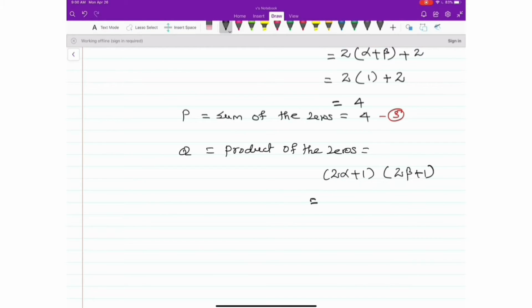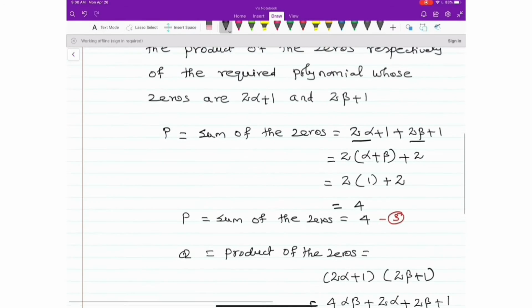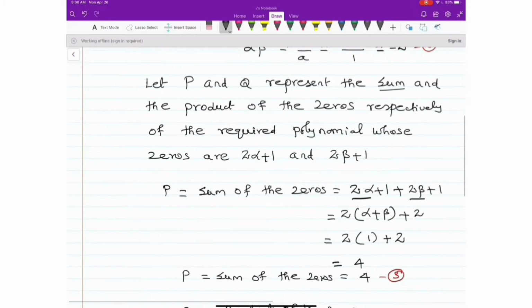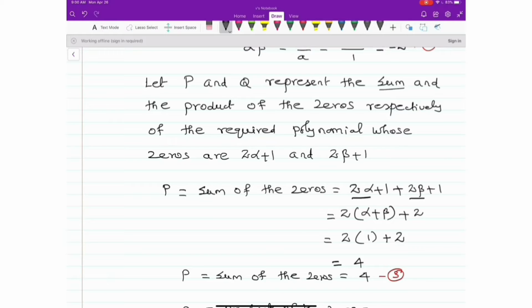When I multiply term by term, I will be getting 4 alpha beta plus 2 alpha plus 2 beta plus 1. This is nothing but, I can combine these two terms. I will be getting 2 into alpha plus beta plus 4 alpha beta plus 1. I substituted alpha plus beta is equal to 1.